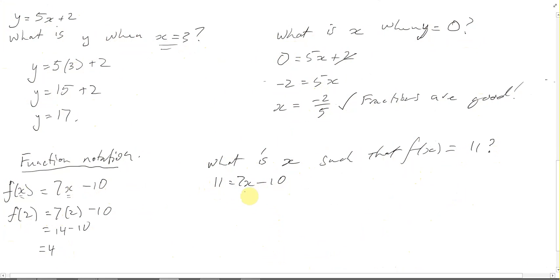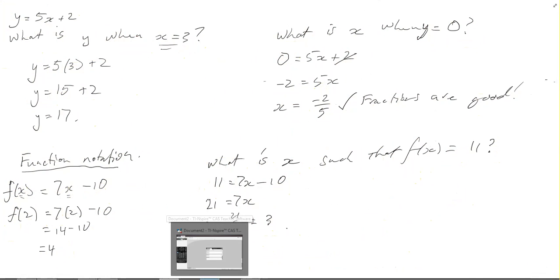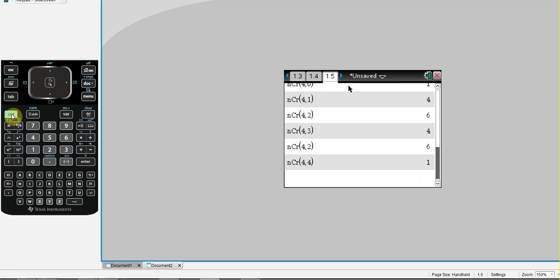Now we've got to add 10 to both sides, so that gives 21 equals 7x. And now we've got to divide both sides by 7, so that's x equals 21 over 7, and 21 over 7 is 3. So there we go, x is 3. So there's some introduction to function notation, and you'll be using this in particular whenever you use your CAS calculator.